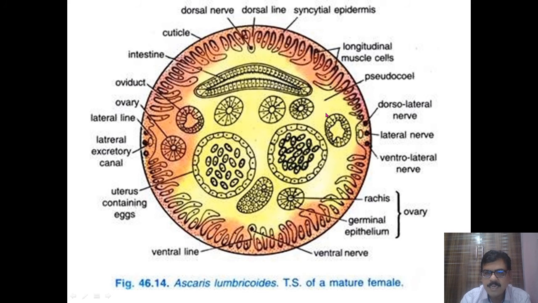Along with that, it has the oviduct. So it has the pair of uterus, the ovary, then the oviduct, and this ovary possesses the rachis and the germinal epithelium. It has the pseudocoel, then the intestine can be seen, it has the circular muscle, and over that there is a cuticle.